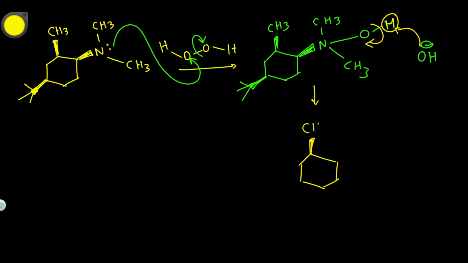Here is an N. Oh, wait, there should be a positive charge on this nitrogen, because nitrogen has four bonds, so that's why it should be a positive charge, right. And now you are getting CH3 here, and wait, let me show.